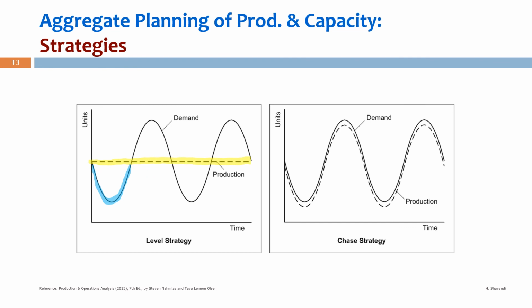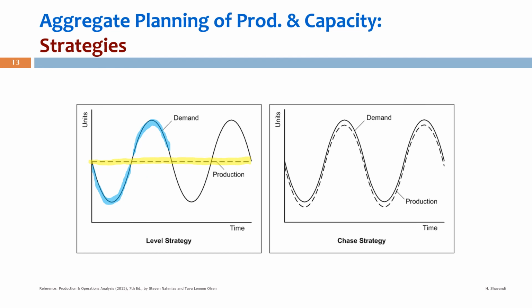Again here, the actual demand is higher than the production level, but since we have inventory, we will satisfy the excess demand from the inventory, right? So we have a fixed level of production here, and it's a level strategy.